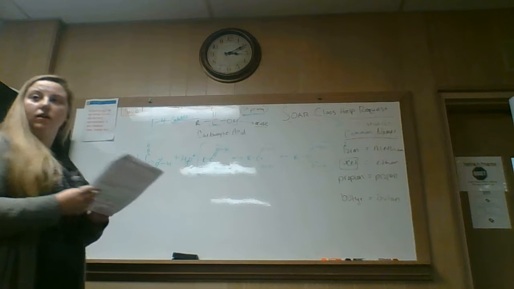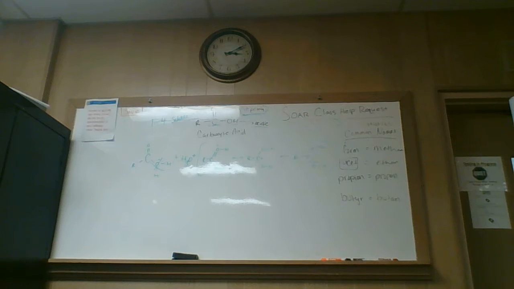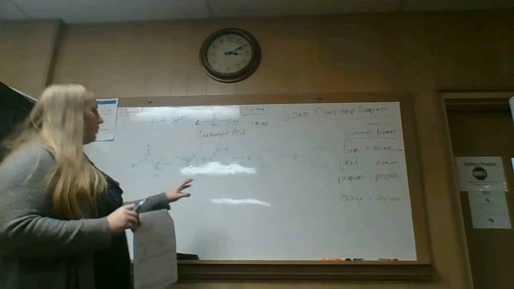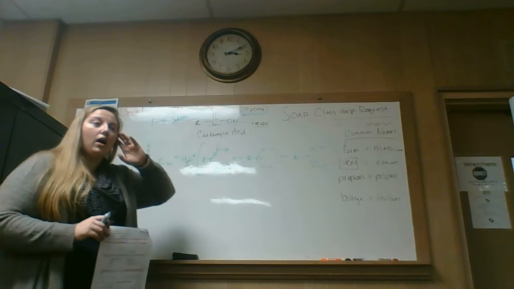I actually have a question. When you brought up the London forces, are the London forces more stable, right? Is it flipped, or are the hydrogen bonds still stable? So the hydrogen bonds are the strongest. It's difficult with stability because typically when you're talking about stability, you're talking about bonds within a molecule, intramolecular.